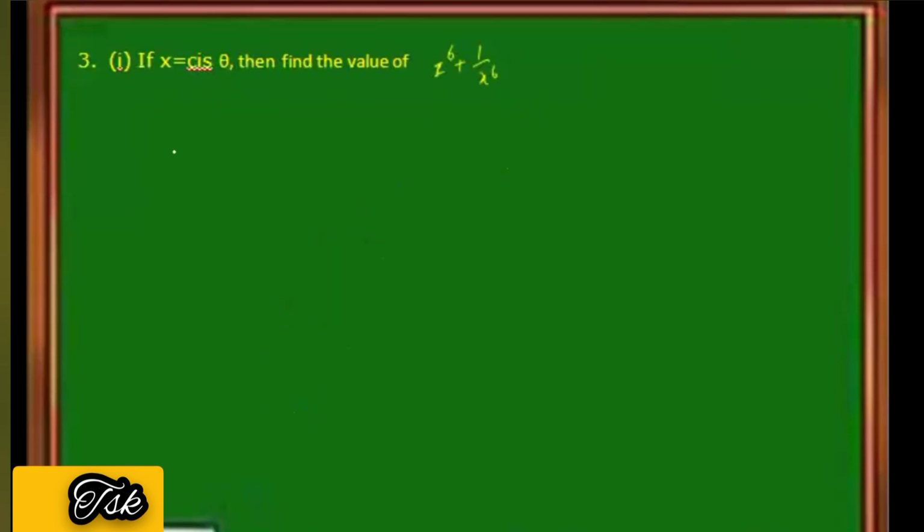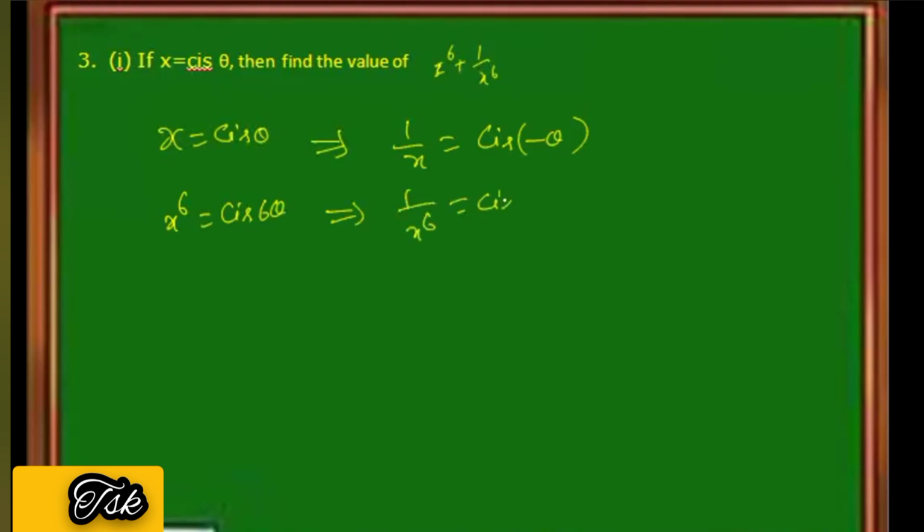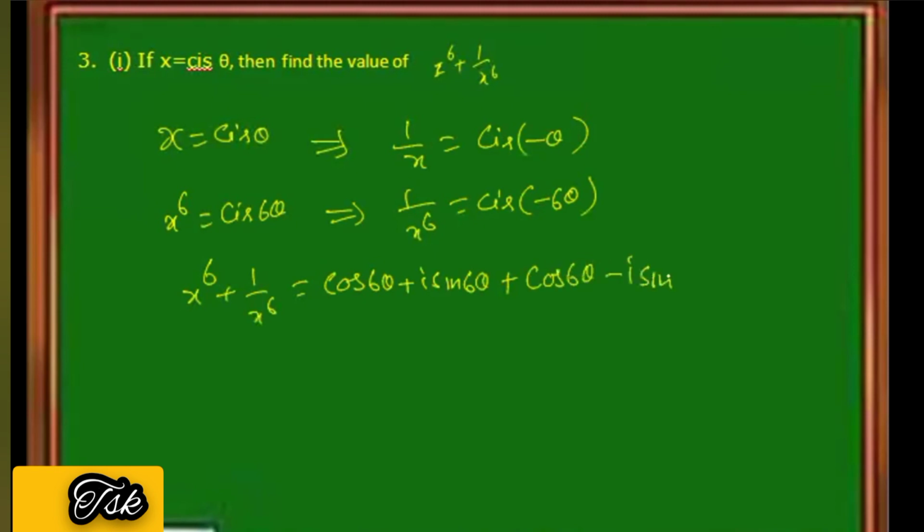x is equal to cis theta. Given x is equal to cis theta, which implies 1/x is equal to cis(−θ). x⁶ is cis 6θ, which implies 1/x⁶ is cis(−6θ). So x⁶ + 1/x⁶ is cos 6θ + i sin 6θ, and then 1/x⁶ is cos 6θ − i sin 6θ.